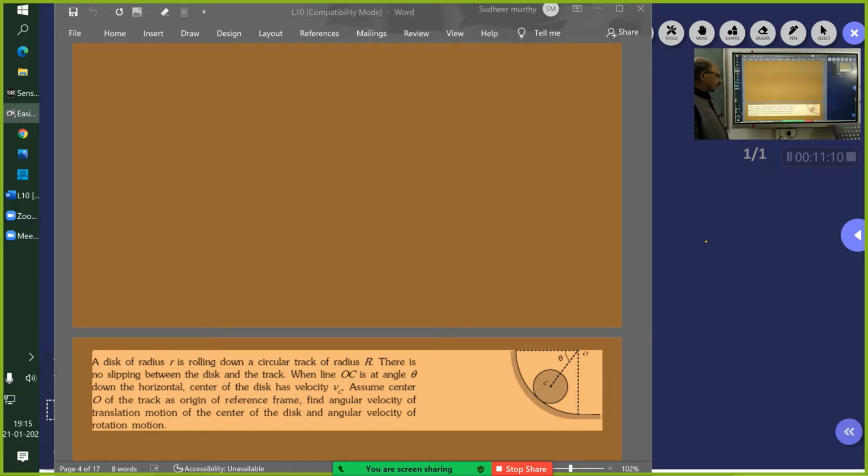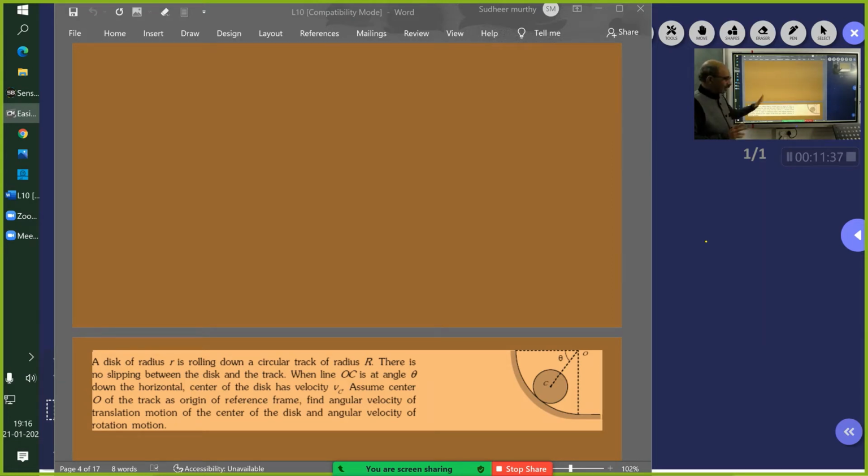The direction is not told. Assuming the center O of the track as the origin of the reference frame, find the angular velocity of translation of motion of the center of the disk and the angular velocity of rotation of motion. Please take down this diagram and take 5 minutes to resolve it, try to understand.